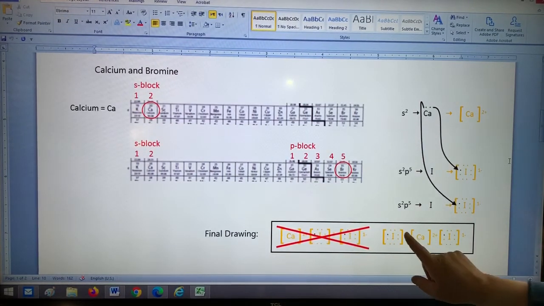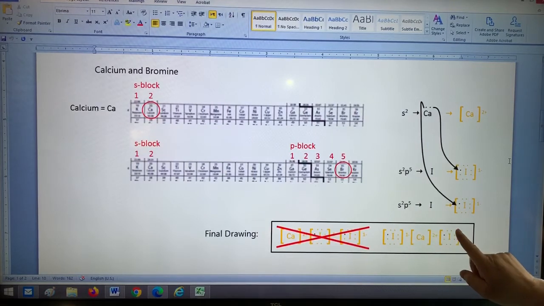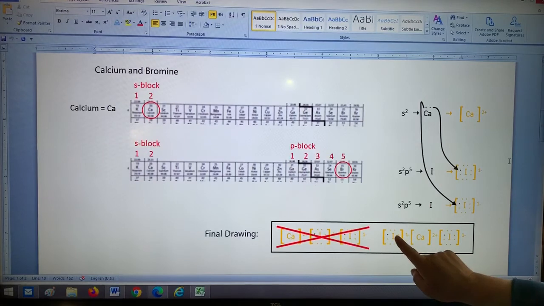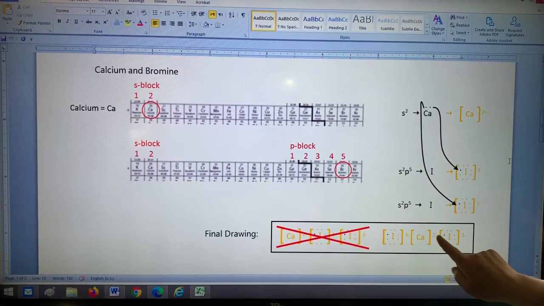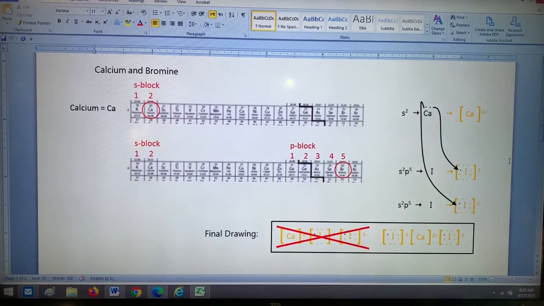So we have to put negative, positive, negative. We have to flip the charge every other place so that there's an attraction here between opposite charges and there's an attraction here between opposite charges. So that's why this picture is wrong. It doesn't have opposite charges hooked up right here. That's 2 negative charges that are side by side. So you have to properly align them right here. And that is how you draw ionic bonds.